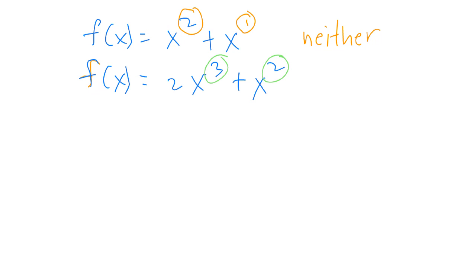So your answer would be neither. It's not an odd function, and it's also not an even function. So it's not even, it's not odd. The answer would be neither.